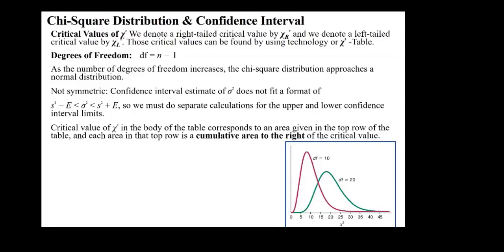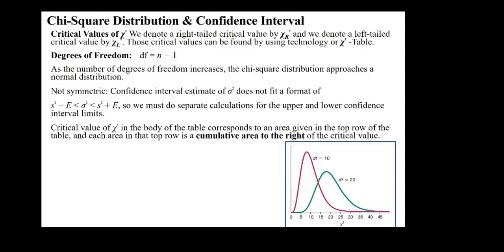Confidence interval estimates of sigma squared do not fit a format of s squared minus e less than sigma squared less than s squared plus e. So we must do separate calculations for the upper and lower confidence interval limits. The critical value of chi-squared in the body of the table corresponds to an area given in the top row of the table, and each area in the top row is a cumulative area to the right of the critical value.